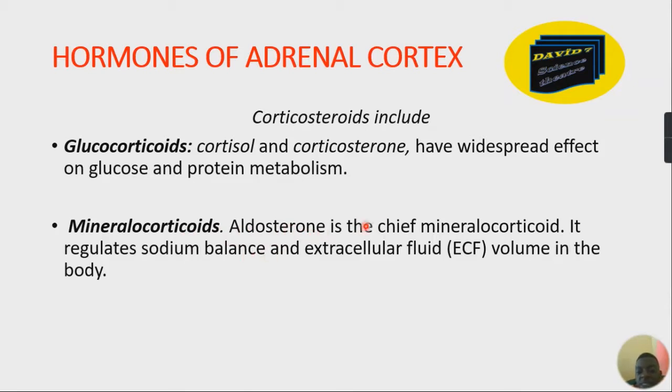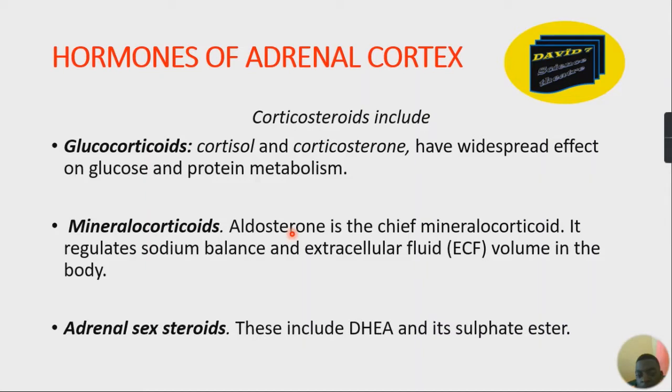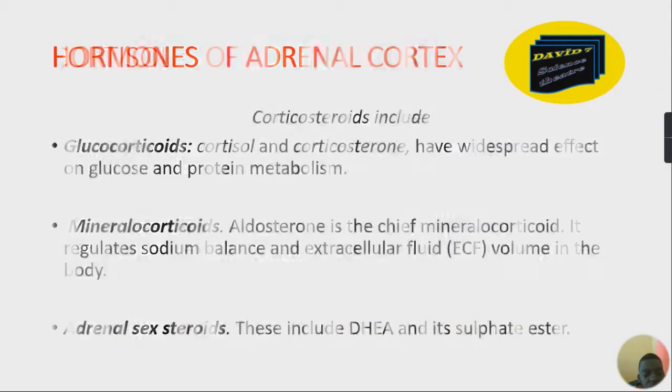Aldosterone is the chief mineralocorticoid, which regulates sodium balance and the volume of extracellular fluid in the body. And the adrenal androgens include DHEA and its sulfate ester. These two are secreted by the zona reticularis.